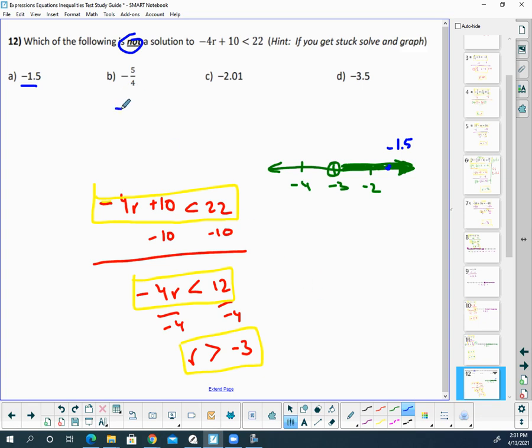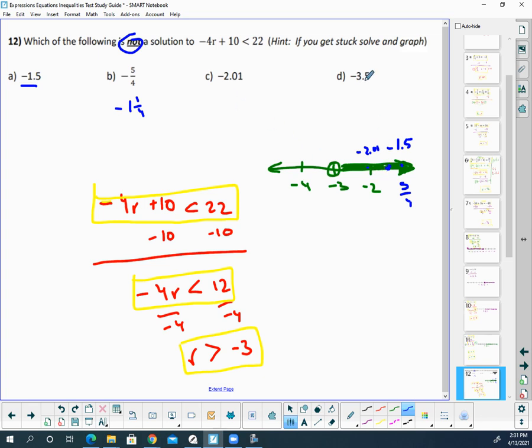Negative 5 over 4 is negative 1 1/4, which would be somewhere around here, between negative 1 and negative 2, so it's also in the shaded region. Next one is negative 2.01. Well, negative 2.01 is a tiny bit to the left, so that's also a solution because it's in the shaded region.